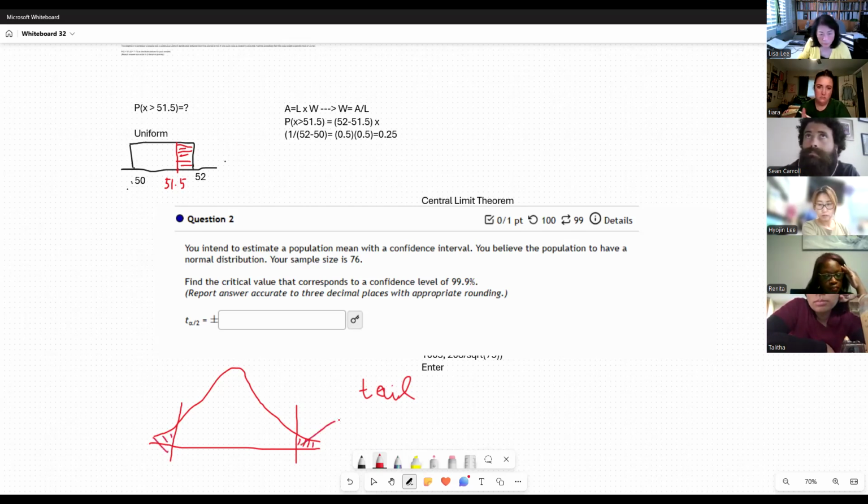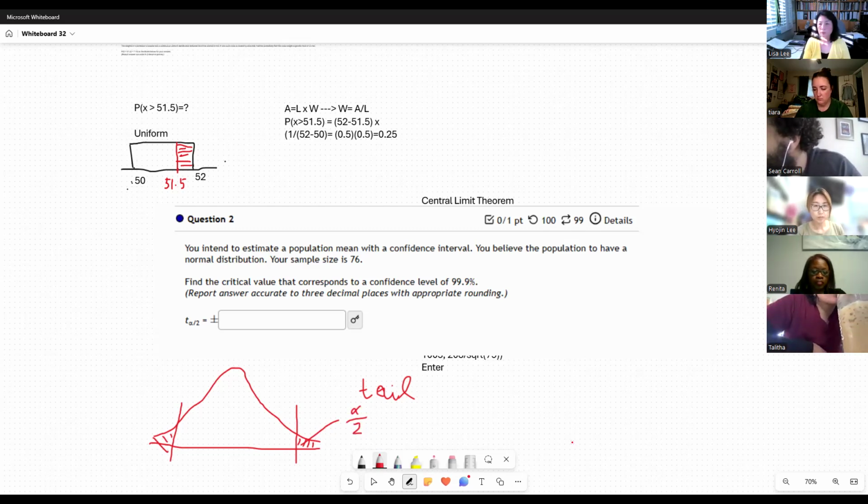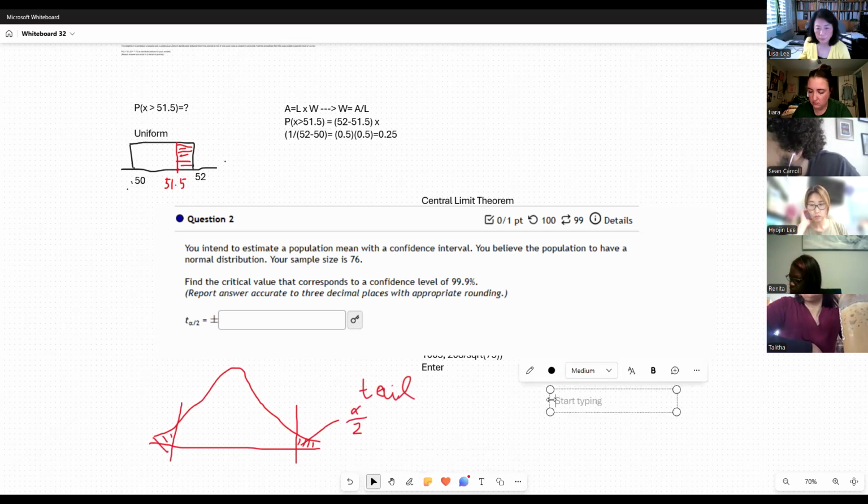The two tail areas are what we call alpha divided by 2. So when you see the notation, you understand what that is now. And what's alpha? Alpha is the one we define, we call significance level.